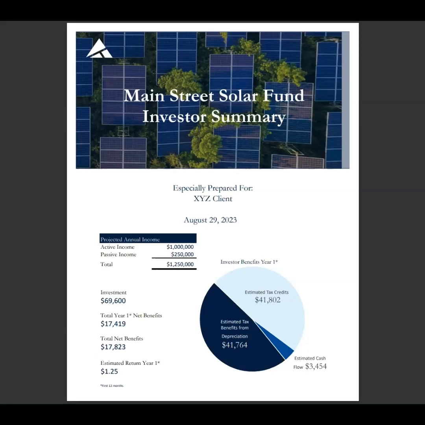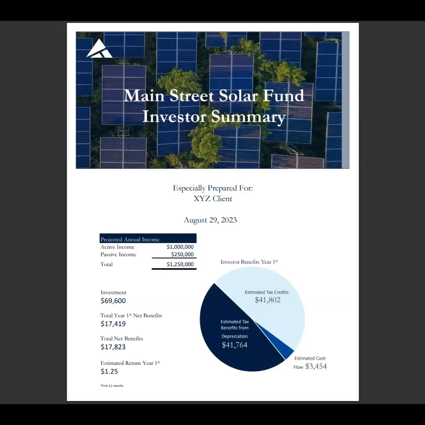And by efficient, what we mean is maximizing the investment amount versus the losses and the credits that they're willing to take. In federal tax credit world, you can only offset up to 75% of your passive tax liability. And so what the model is designed to do is find that optimum point based on your income of how many losses you can take versus how many credits you can use to hit that 75%.